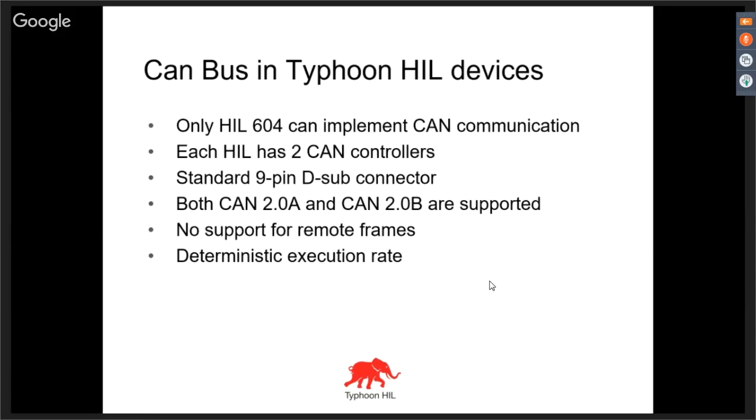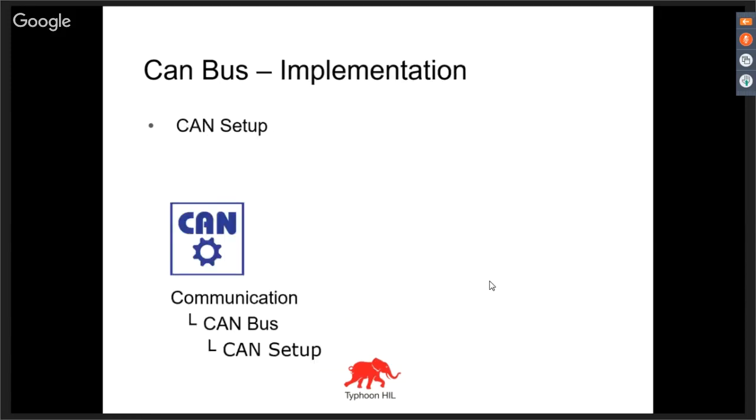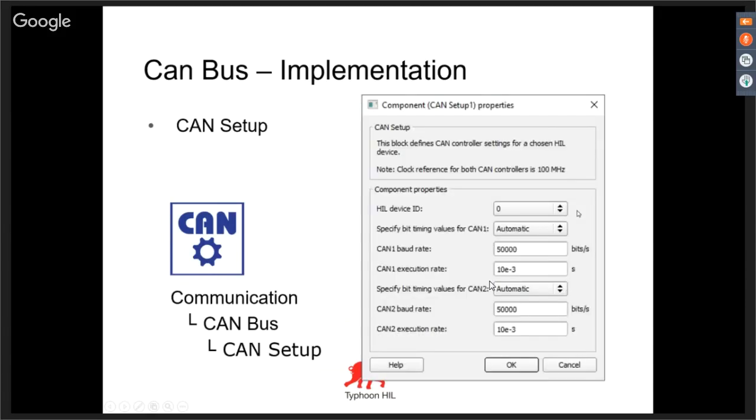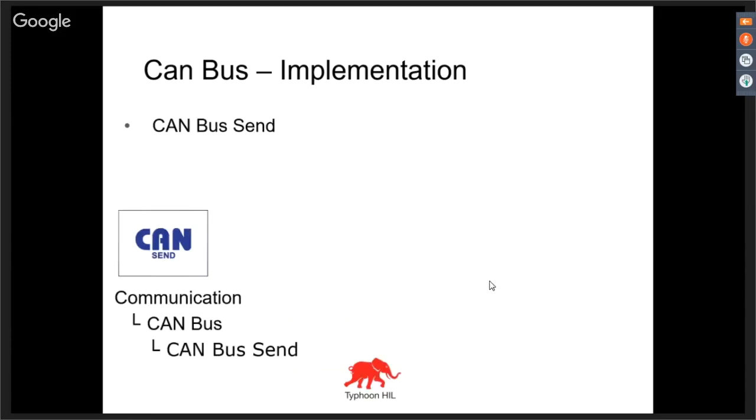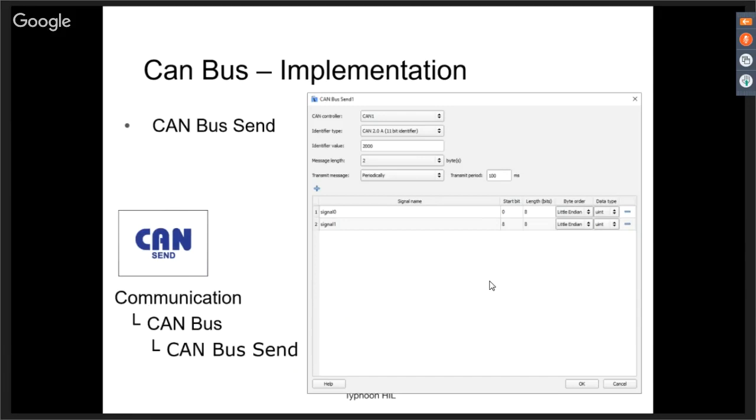Similar to variable exchange, there exists a CAN Setup component located in the Communication, CAN bus tab, from where you can specify for each HIL the baud rate and execution rate of each controller. Then the CAN Send component, where you can specify one message to be sent.